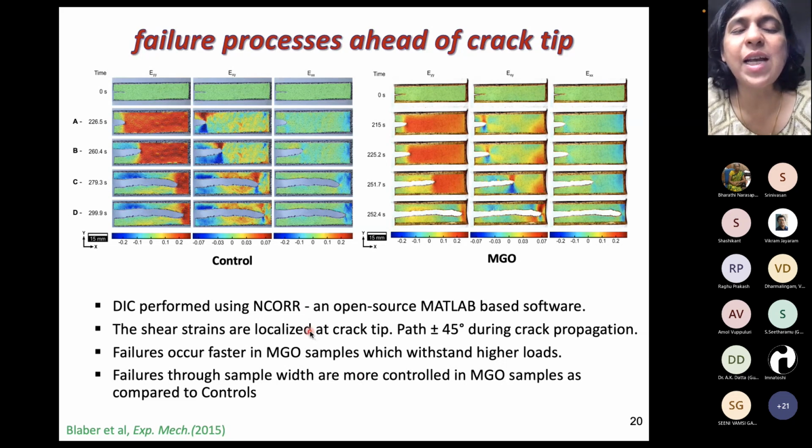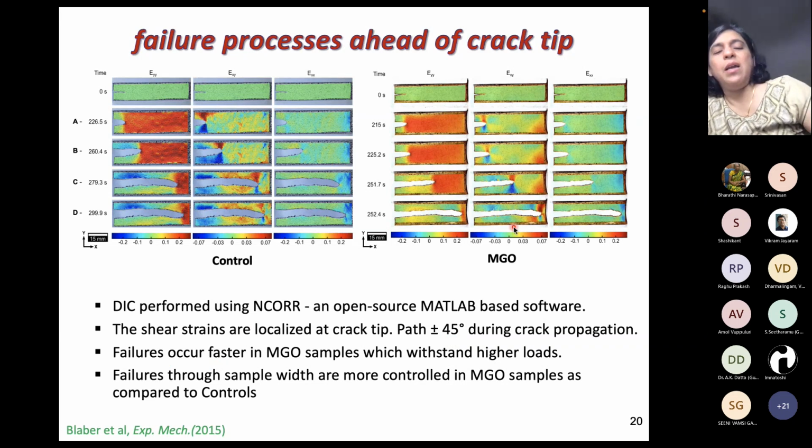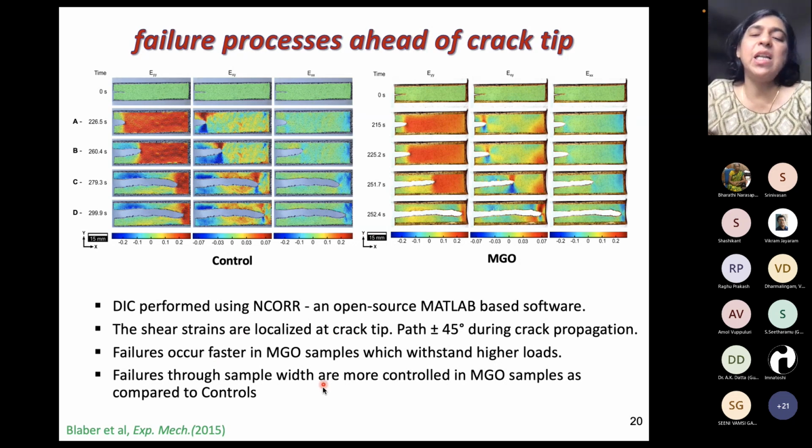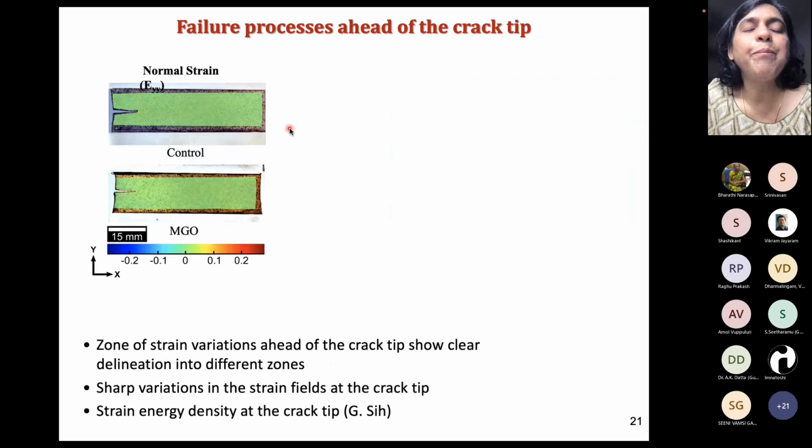And the shear strains are nicely localized ahead of the crack tip, and they occur at about plus and minus 45 degrees during crack propagation. Failures are occurring much faster in MGO gels, which can also withstand higher loads. And the failures through the sample width were very nicely controlled in the MGO samples as compared to these control hydrogels, which had only glutaraldehyde treatment.